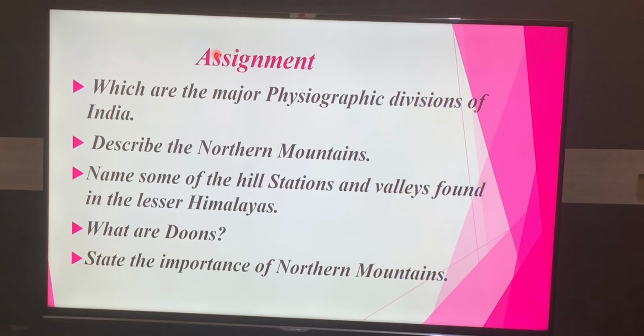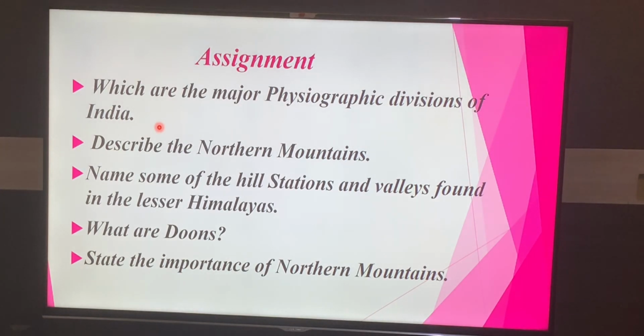Today's assignment. First question. Which are the major physiographic divisions of India? There are 4 basic physiographic divisions of India. First one, Northern Mountain. Second one, Northern Great Plain, Peninsula Plateau, Coastal Plain and Island.